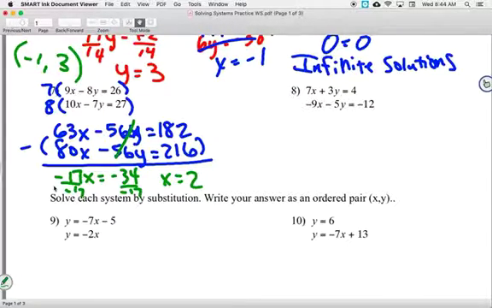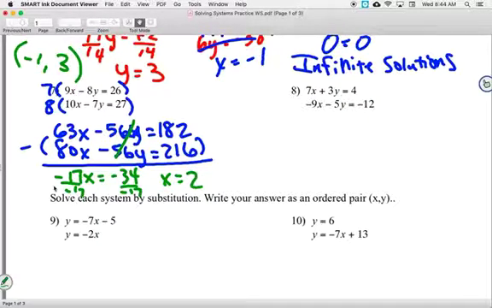So this is why I prefer elimination. Now, it can be trickier to see what to multiply by, but one thing I always remember that will always work is, if we want to get rid of y, just multiply the top equation by whatever the bottom one is, and multiply the bottom equation by whatever the top one is. Then that will always make it so they cancel out and go away.